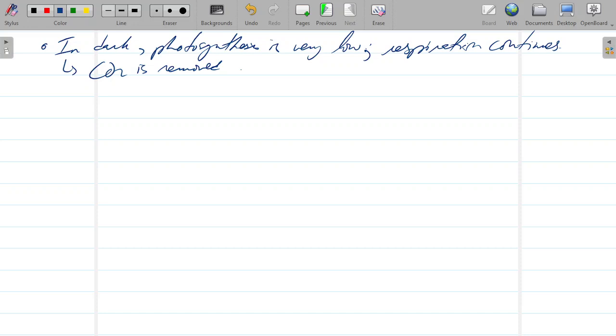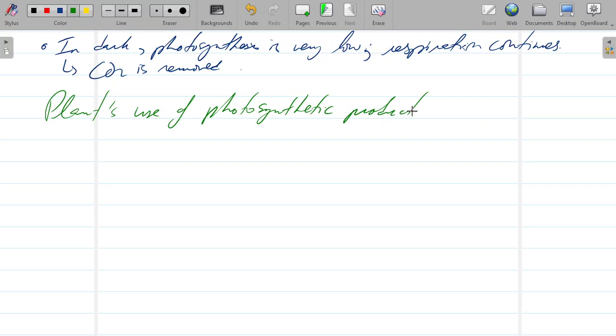Okay, so what happens to the photosynthetic products? First up is glucose itself, and we just talked about it.